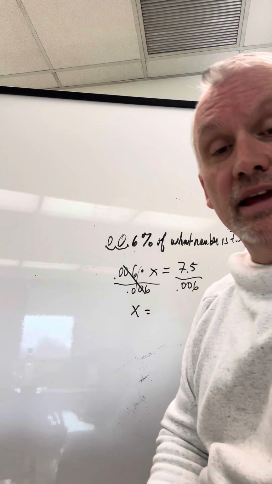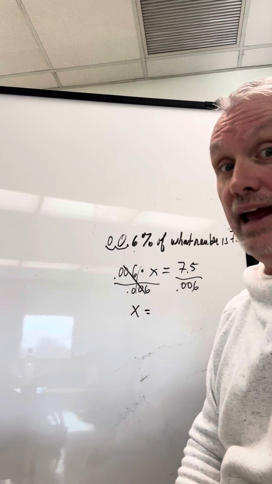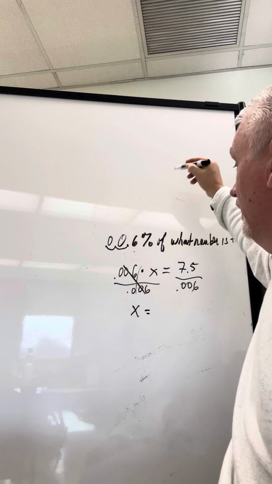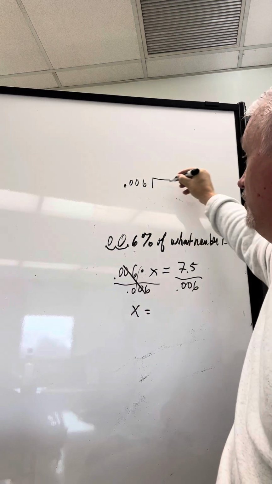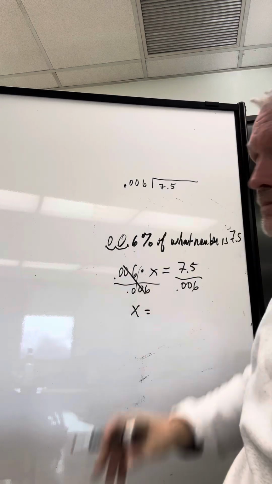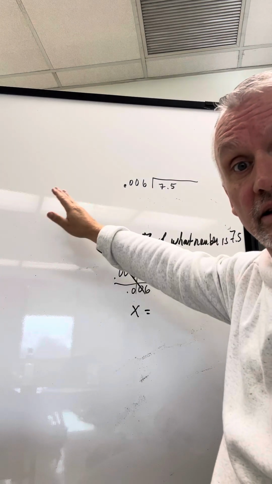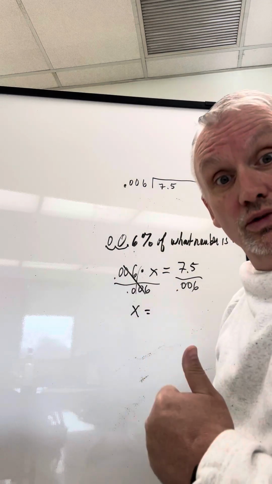Ooh, I'm going to do the long division for you, just in case you do not have that calculator. So the bottom divides into the top. You cannot have a decimal on the outside of that division sign. So you've got to move it to make it a whole number.